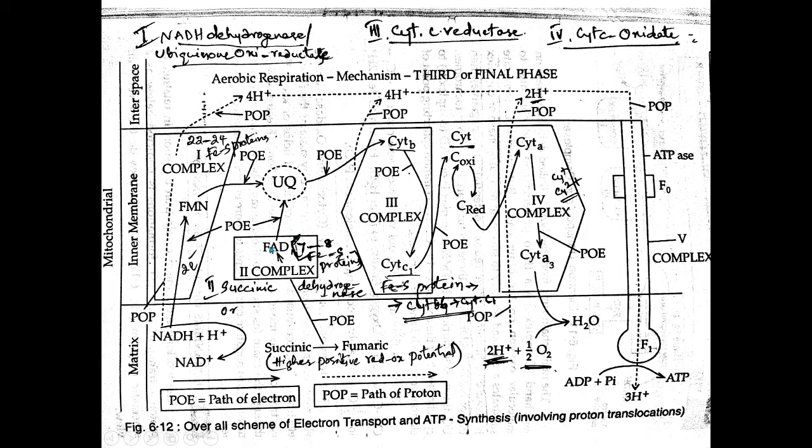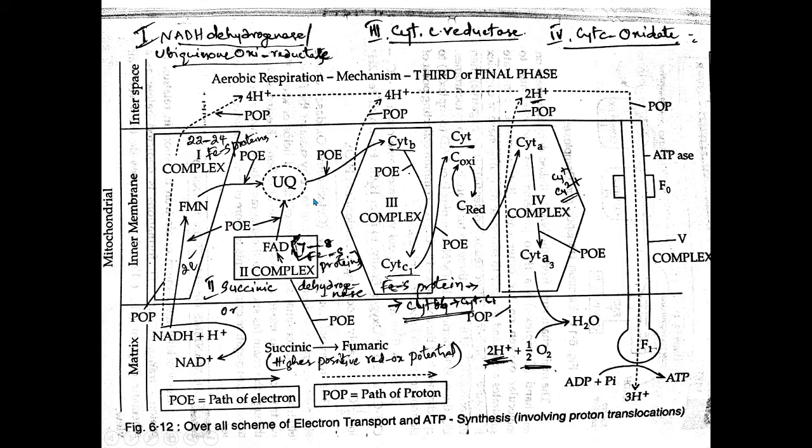This is a coenzyme, and from this FAD, electrons reach ubiquinol, and from here on the process is the same, except that these 4 protons from the first step won't enter into the intermembranal space, and from here on only 4 plus 2 protons enter into the intermembranal space, that is only 6 protons when FAD enters through complex 2. Only 6 protons enter into the intermembranal space.